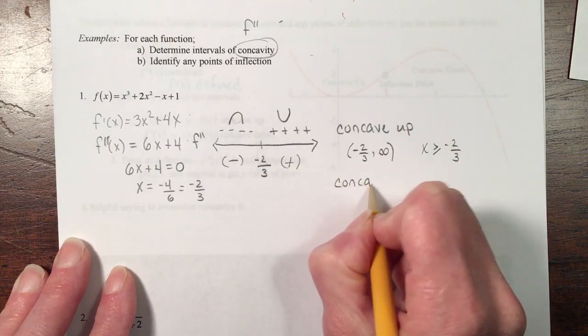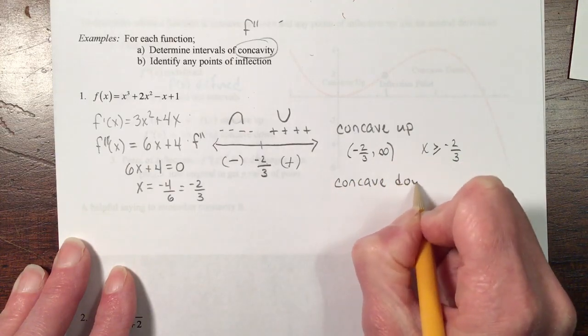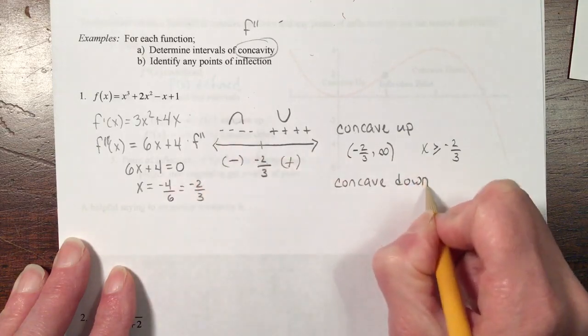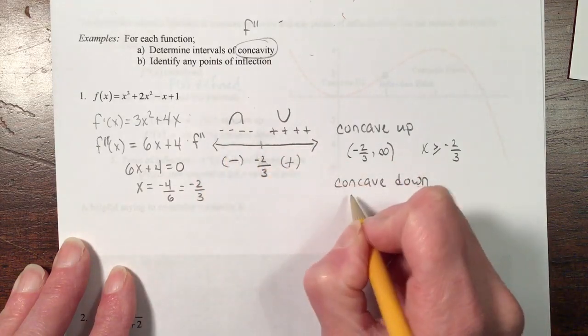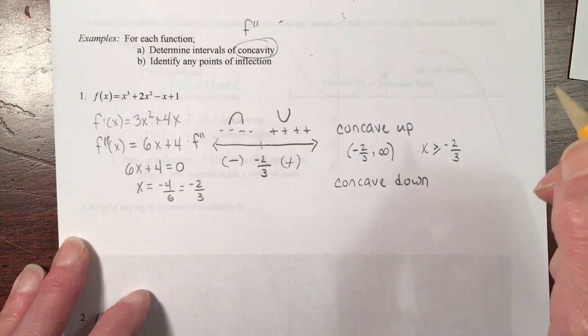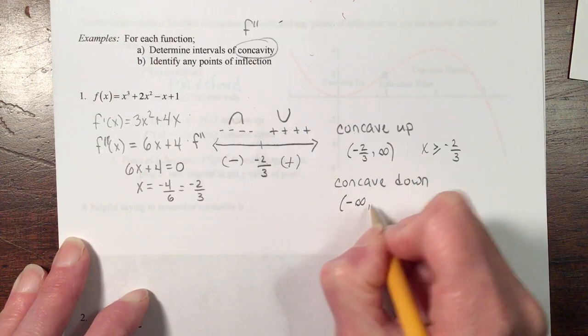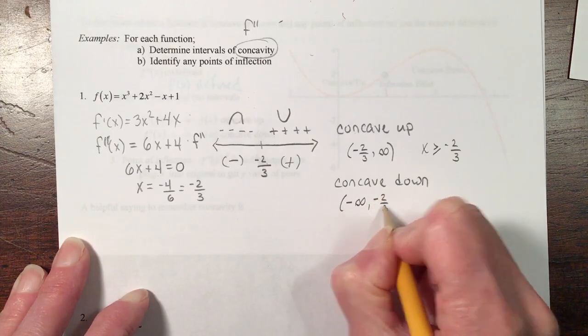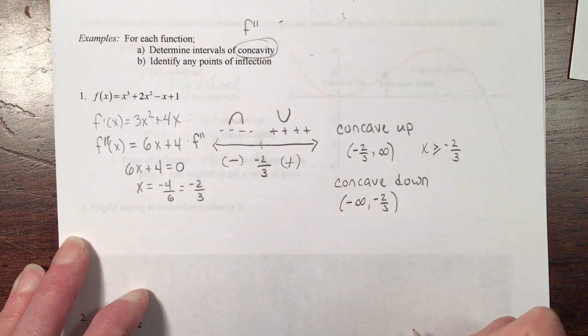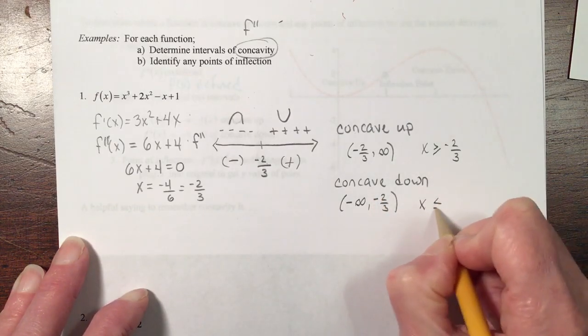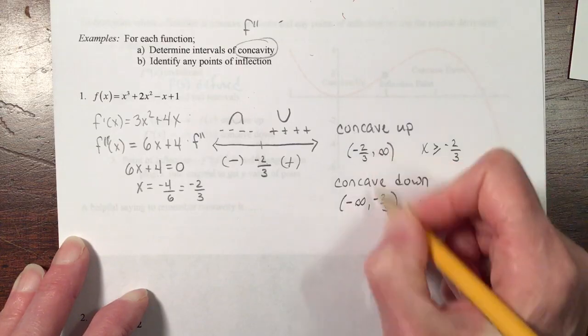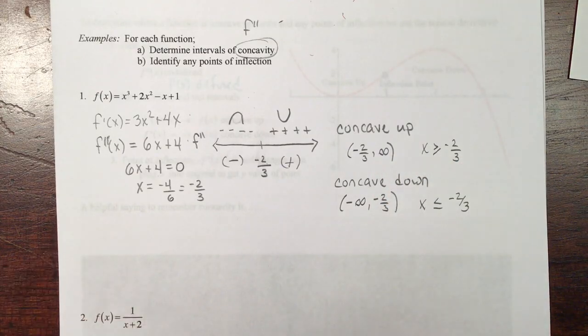And concave down, well, where is it concave down? It's going to be over here, negative infinity to negative 2/3, or x is less than or equal to negative 2/3. Now, I prefer to use interval notation at this point, but we can bounce back and forth. It's no big deal.